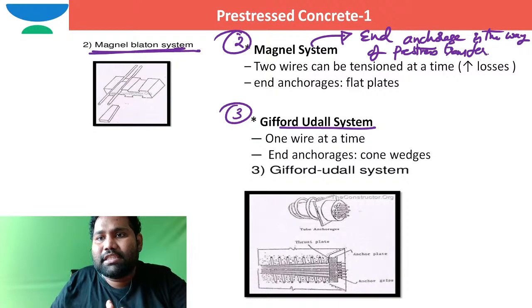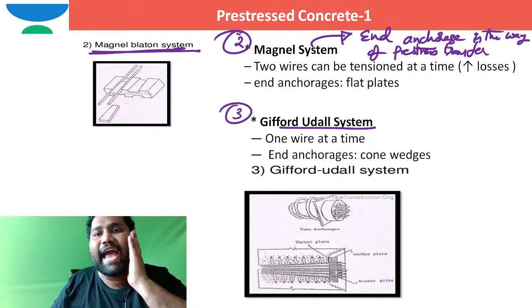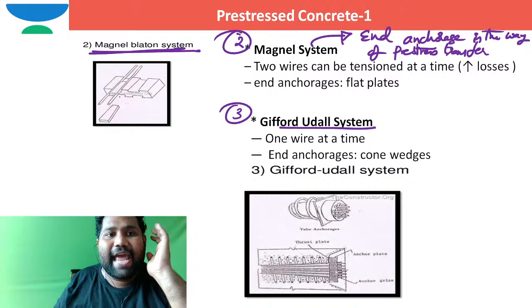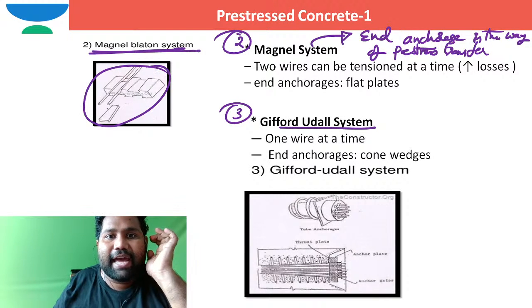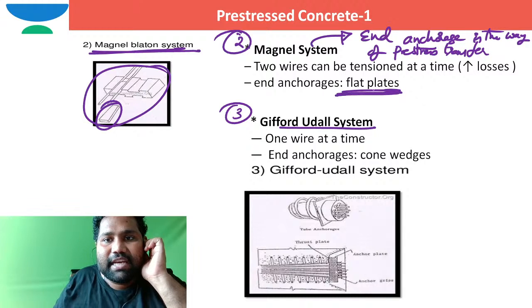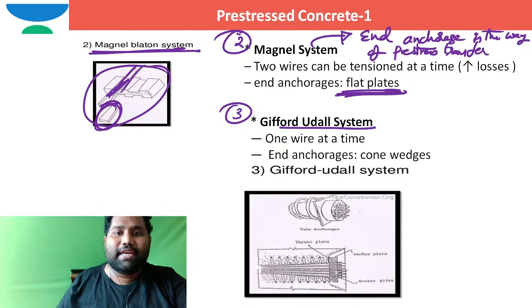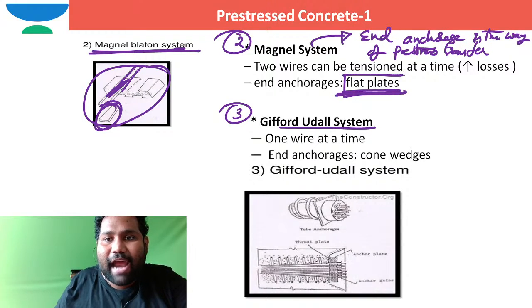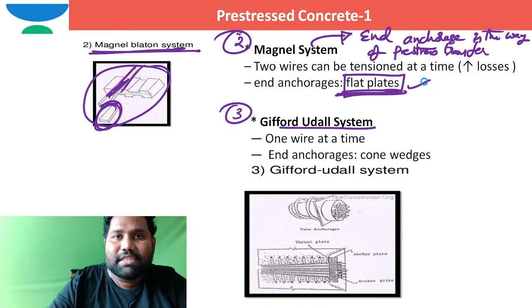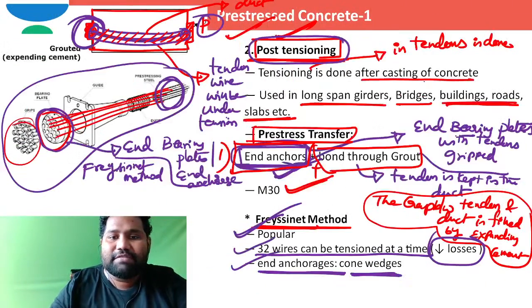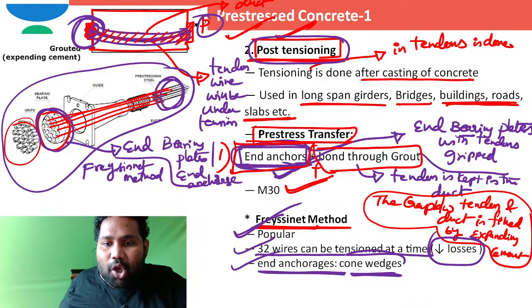How can these end anchorages be made? Here, the end anchorages are given by flat plates. This plate is kept embedded inside so that sufficient tension can be provided in these wires. So end anchorages are majorly by flat plates here, whereas in the previous Freyssinet system, end anchorages are by cone wedges.